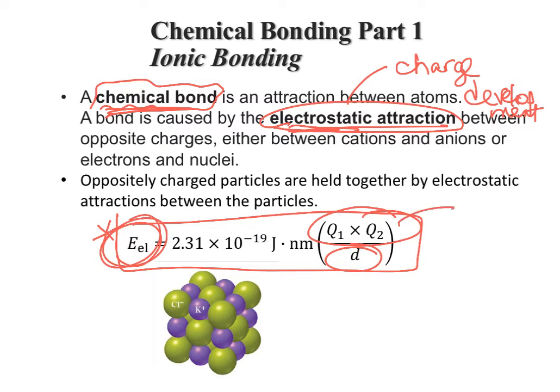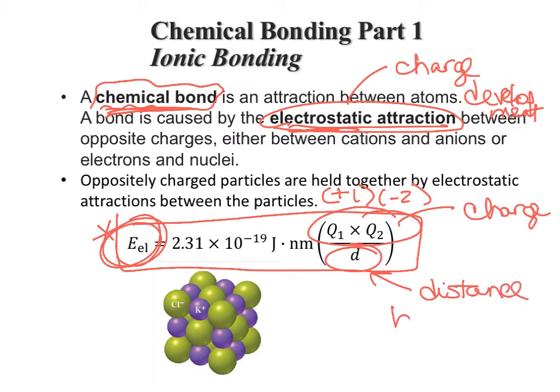Q is the charge on the particle undergoing the attraction. And so if we're talking about ions, fully developed charge, if let's say the cation had a charge of +1 and maybe the anion had a charge of -2, okay, so that's literally the values we'd put in for Q. D is the distance between the atoms that are bonding or attracted to each other.